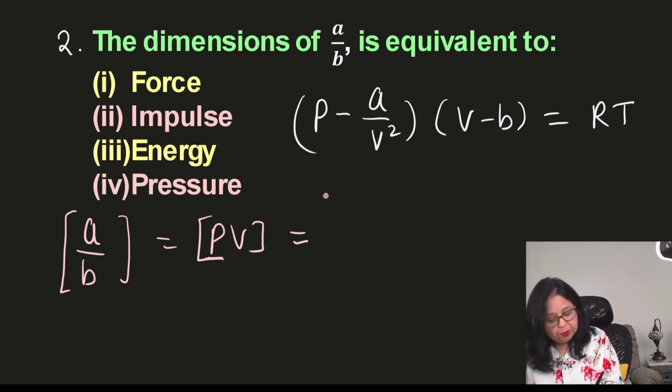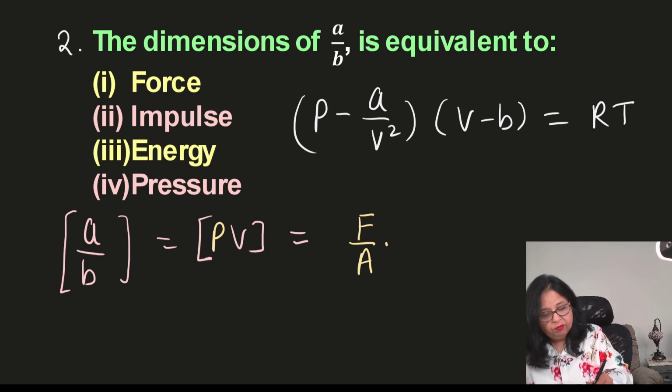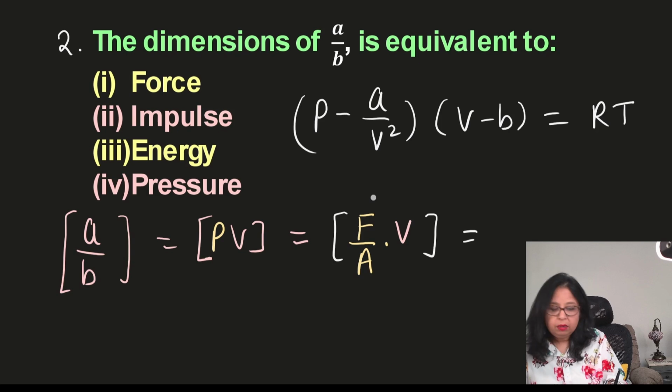The pressure P, let me use a different color for P here. Why? Just to make it fun. P, pressure, equals force per unit area, times V for volume. All right, let's close the parentheses. Now, let's come down here. Force over area.